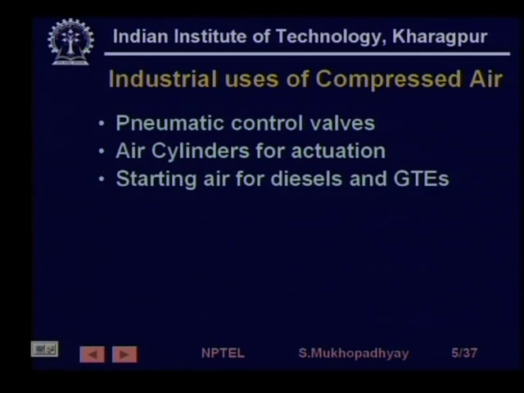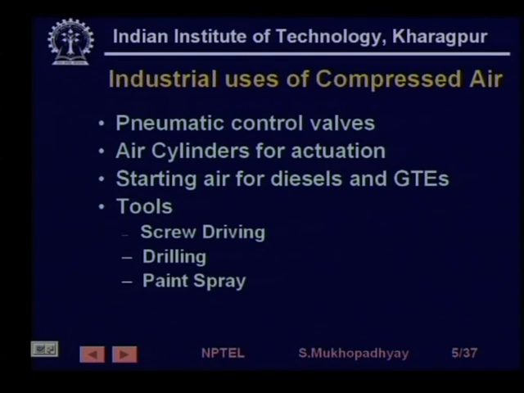Sometimes you need starting air for diesel generators and gas turbine engines. For that also you need compressed air. You need tools, various types of tools for screw driving, for drilling, for paint spray and for clamping. For such operations people often use compressed air tools.